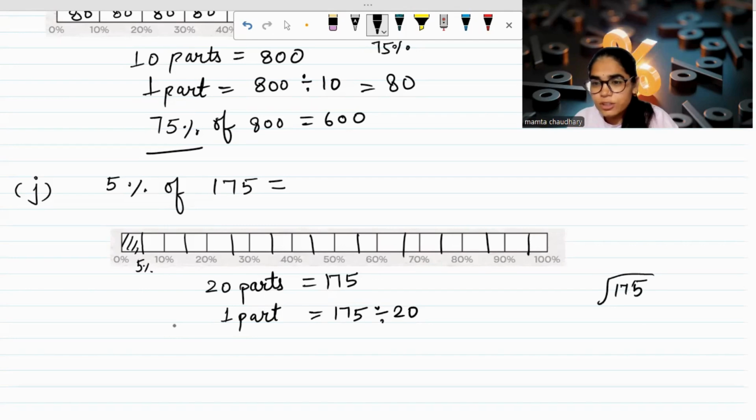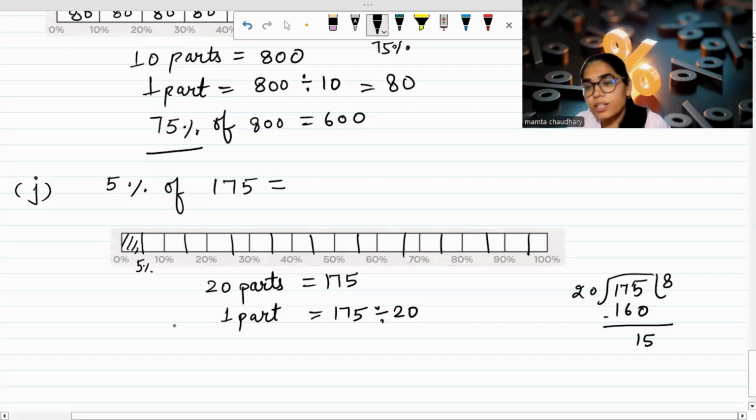175 by 20. Okay. So if you are taking 17, 8 twos are 16, 160. Let's subtract 15. Put decimal here, 0. 7 twos are 14, 140. Then 10, one more 0, 5 twos are 10, 100.